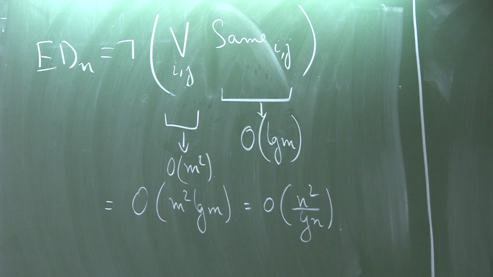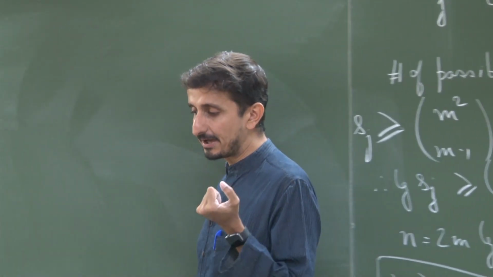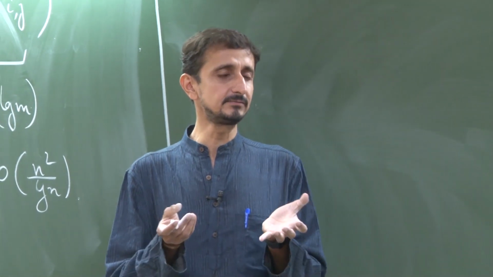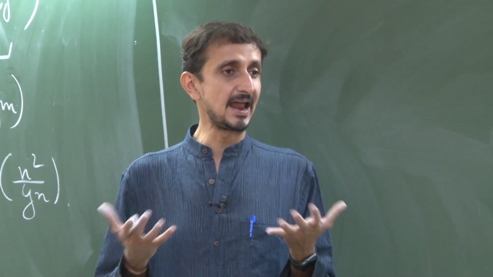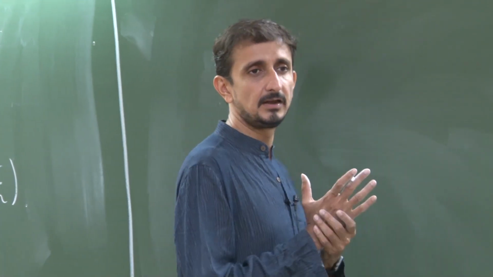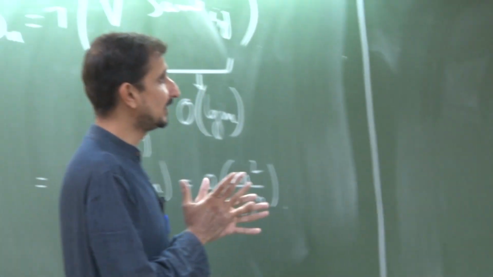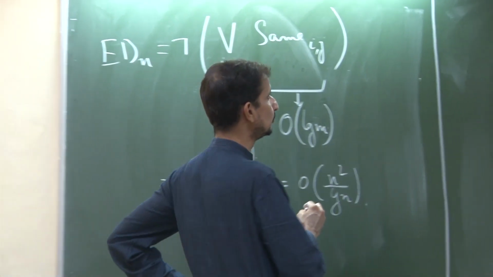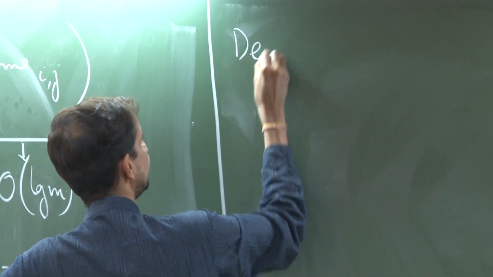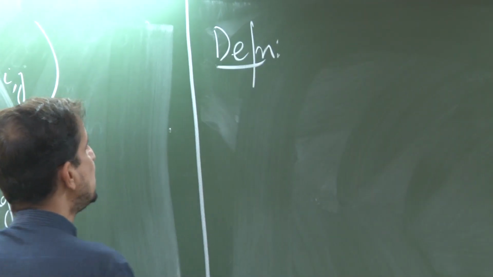But what if I have the basis as the De Morgan basis? What if I have the gates only as AND, OR and NOT gates? Then can I give a different lower bound? Let me formalize a few things, and then I will come back to this question.